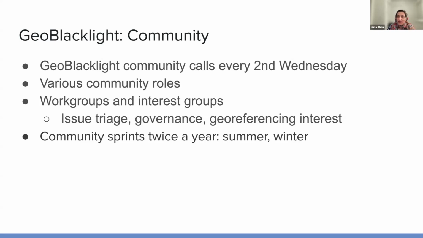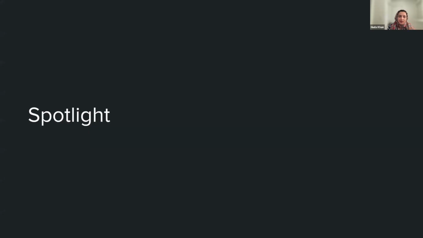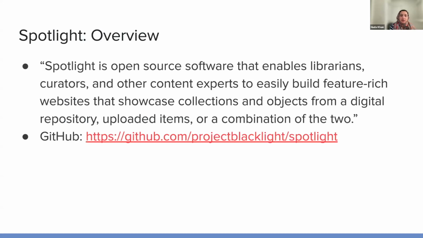Now we can go to the next slide, which is Spotlight. Actually, go to the next one, please. So an overview of what Spotlight is. Like we've covered archival discovery under ArcLight, geospatial discovery under GeoBlacklight, Spotlight's really around exhibit and content.